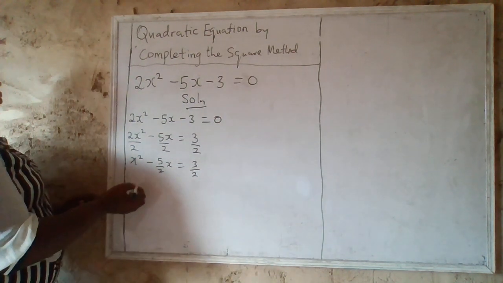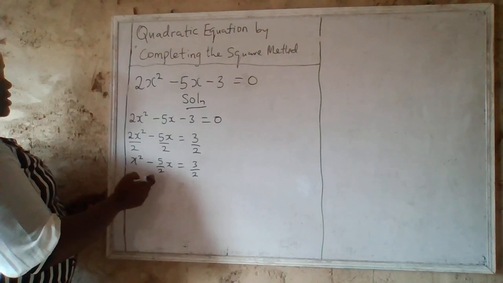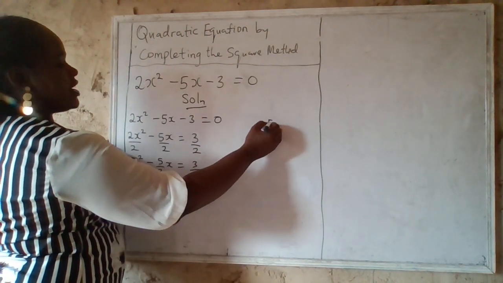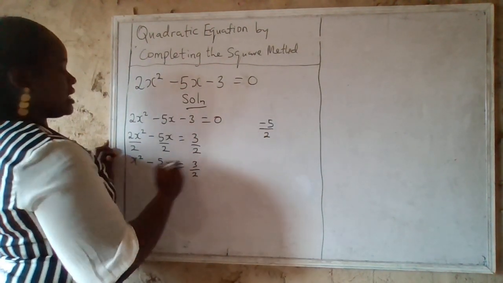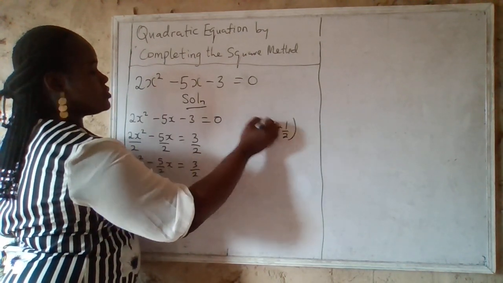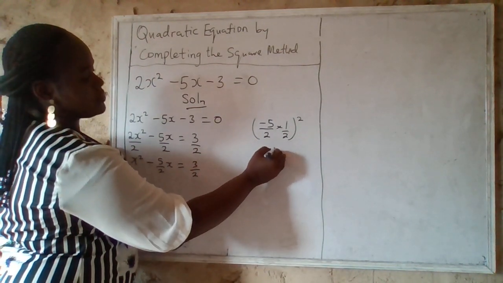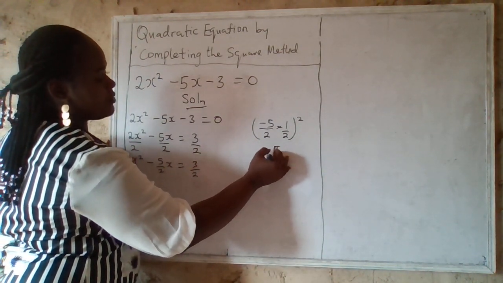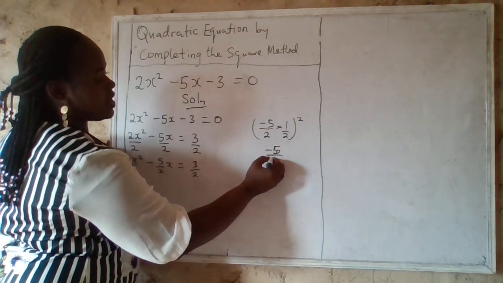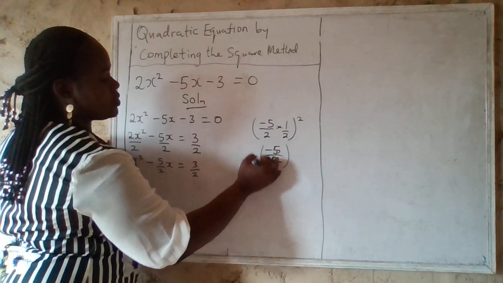Now, we identify the coefficient of x, which is minus 5 over 2. Take half of it, and then square. That will give me minus 5 over 4, all squared.